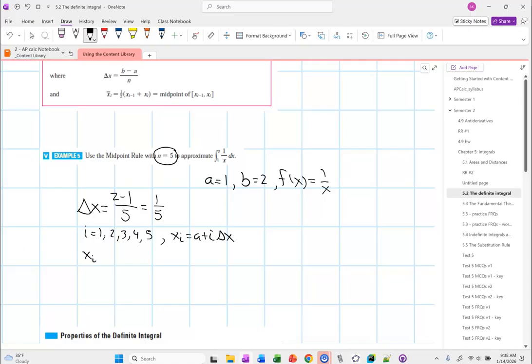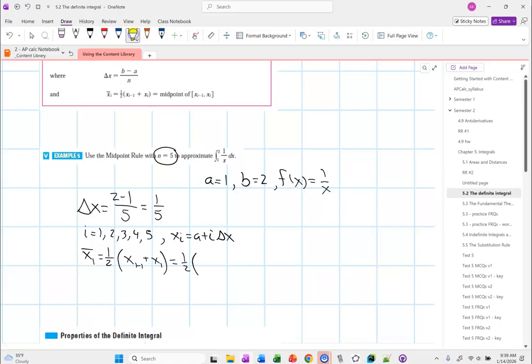So x_i bar, we're told, is 1/2. Well, let's just do the first one. It's going to be x_0 plus x_1. Is everybody okay there? How I filled things in.